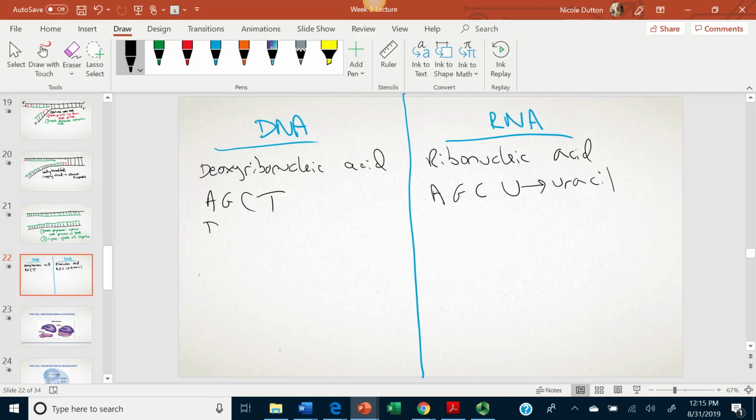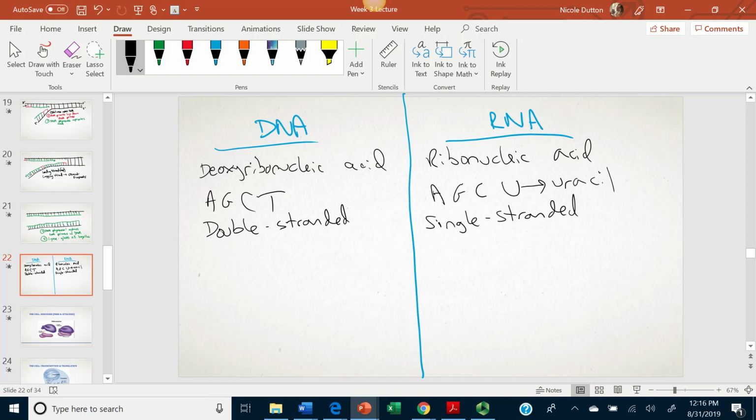DNA is typically double-stranded, while RNA is typically single-stranded, although there are some very important differences and exceptions to this, especially when we're talking about viral genomes in microbiology later on. But double-stranded for DNA, RNA is typically single-stranded.